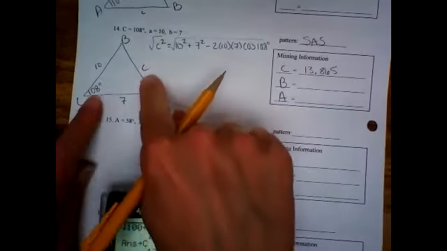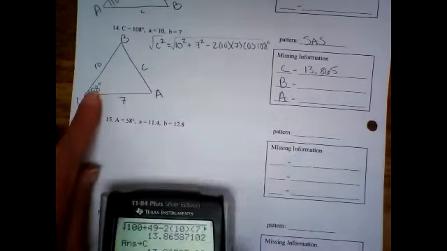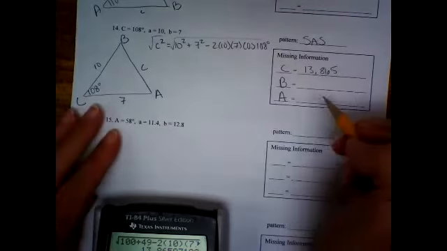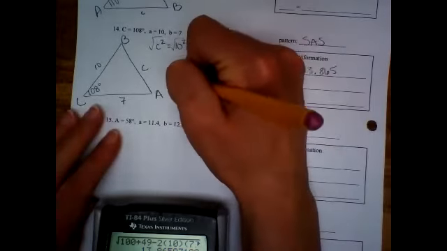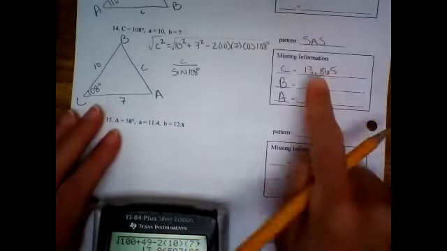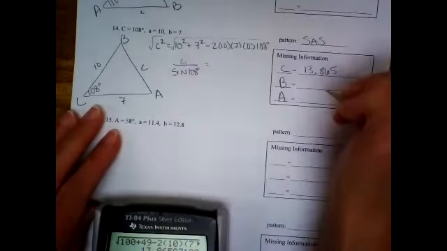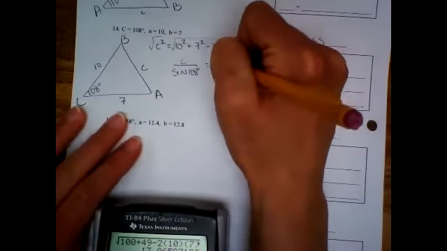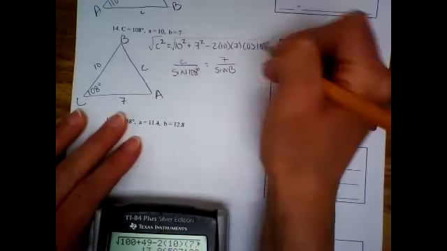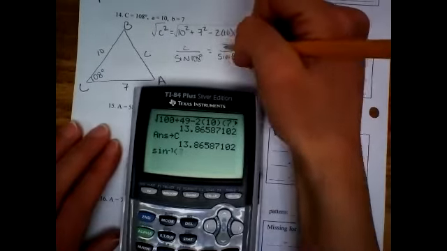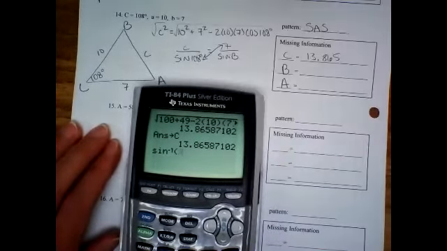And now we have a side across from an angle. So now we can do law of sines. You want to do law of sines instead of law of cosines because it's a lot easier. It's a lot less work. So we have c over sine of 108. And you could write 13.865 there if you want, but just make sure you use the stored value. All right, equals 7 over sine of B. We're trying to find the angle, so hit second sine and then cross multiply and divide.